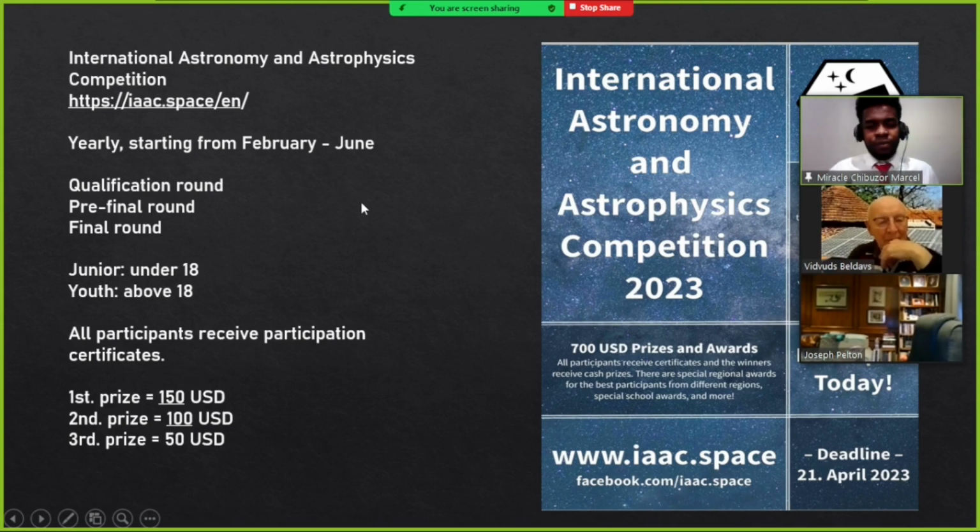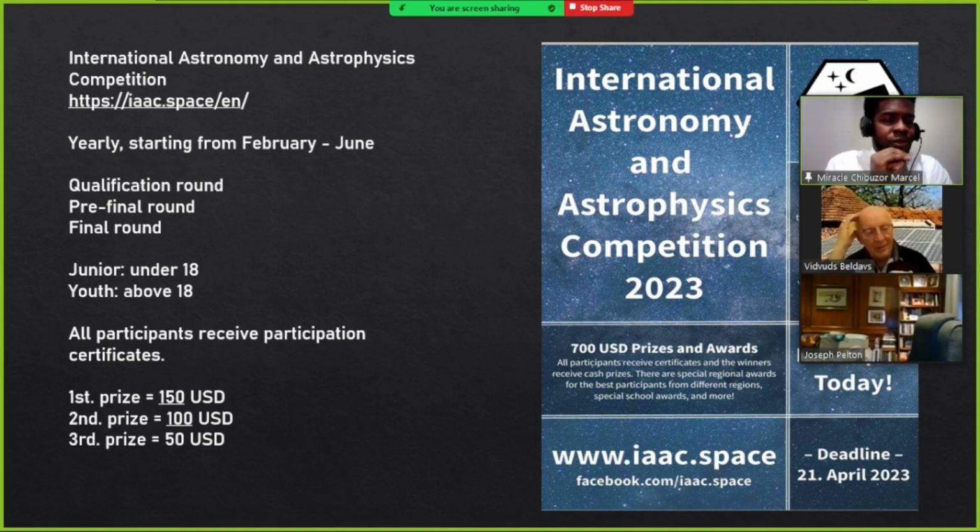Now, this program has three stages. We have the qualification round, the pre-final round, and the final round. The qualification round is free for everyone. But for the pre-final round and the final round, you have to pay a fee of $9 or 80 euro. And some African students are very passionate, very savvy in mathematics, but they can't afford it.